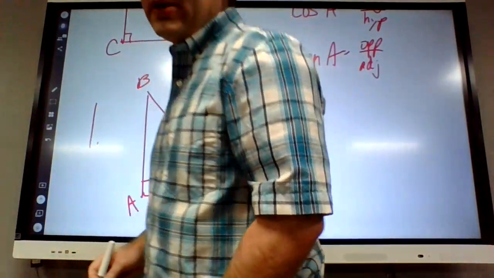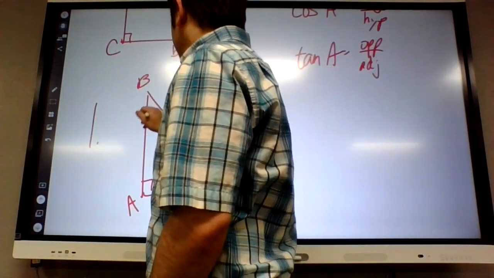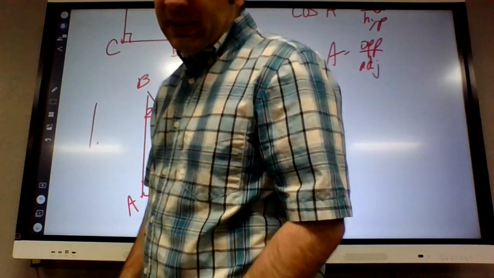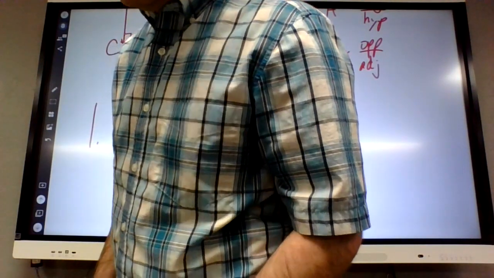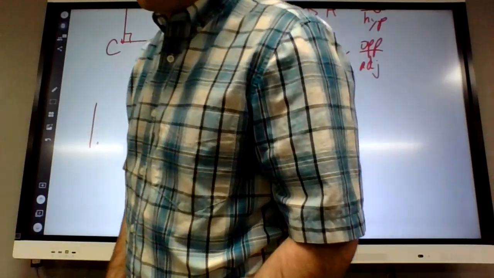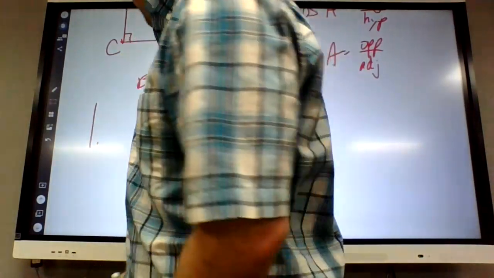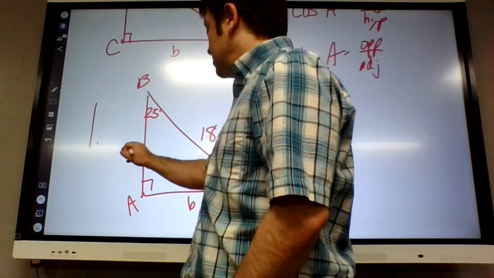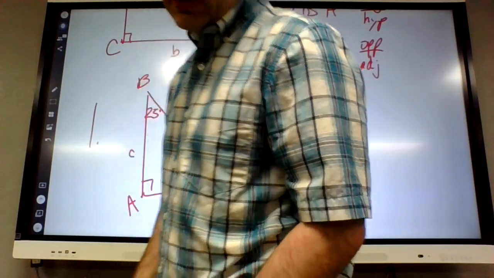B is 25 degrees. We don't know C yet. Side A is 18. That would be the hypotenuse. I'm just filling in what they gave us. We're supposed to find B and C.